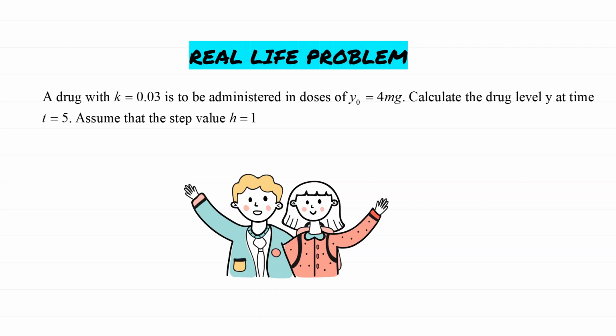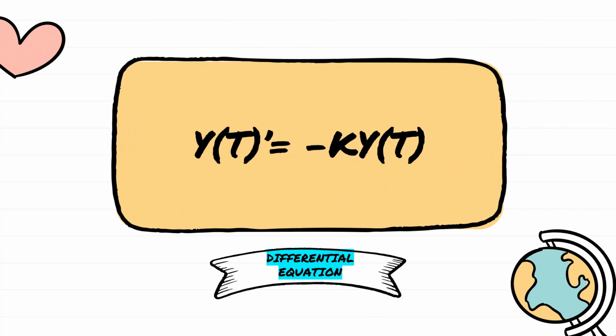Calculate the drug level y at time t equals 5 and assume that the step value h equals 1. Can you guess the equation that we will use? Here is the equation: y'(t) equals negative k y(t).